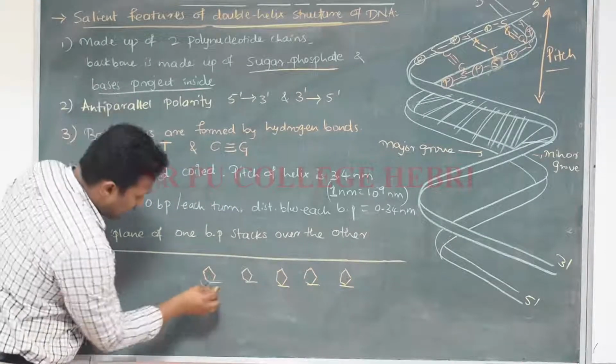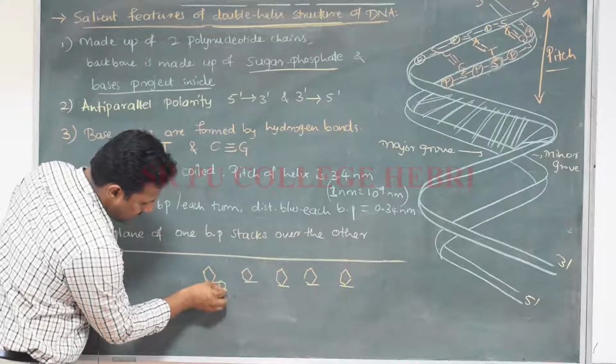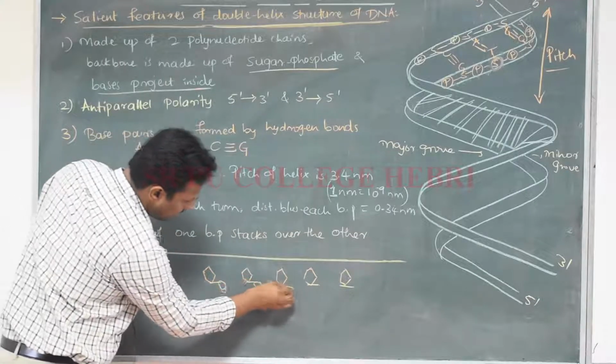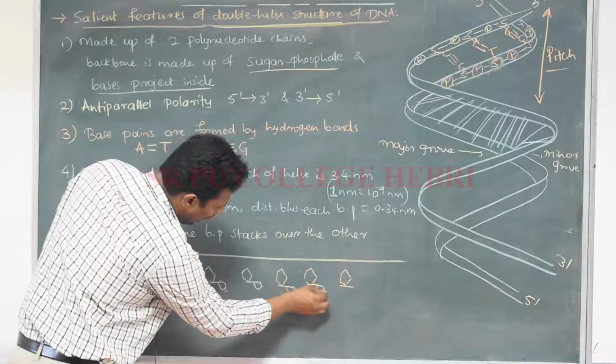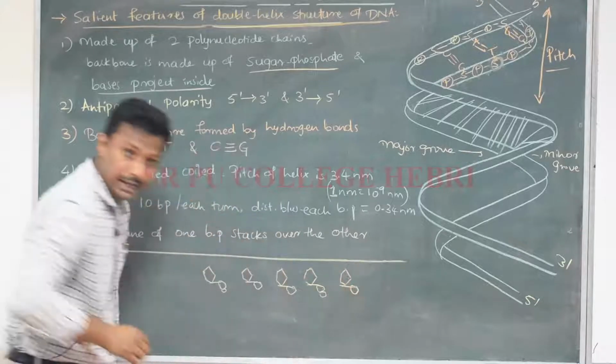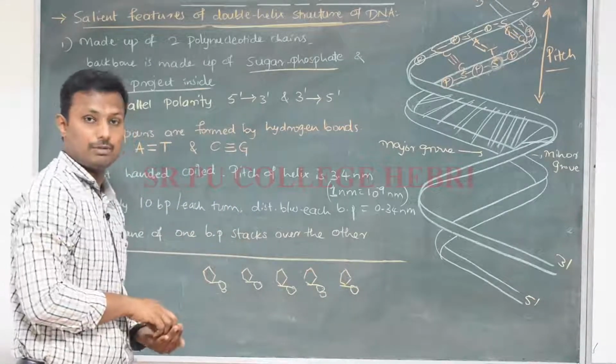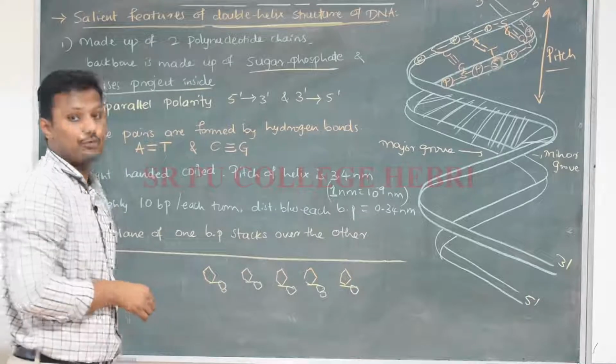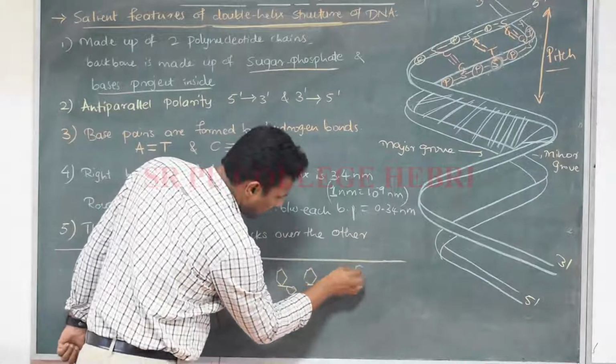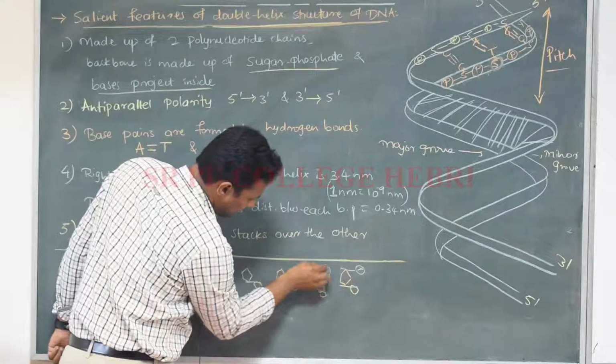N-glycosidic bond, and they have got the nitrogen base, either the single ringed or double ringed, like this. Okay, and the fifth carbon atom has got which one? The phosphate group, right? The fifth carbon atom has got the phosphate group like this.